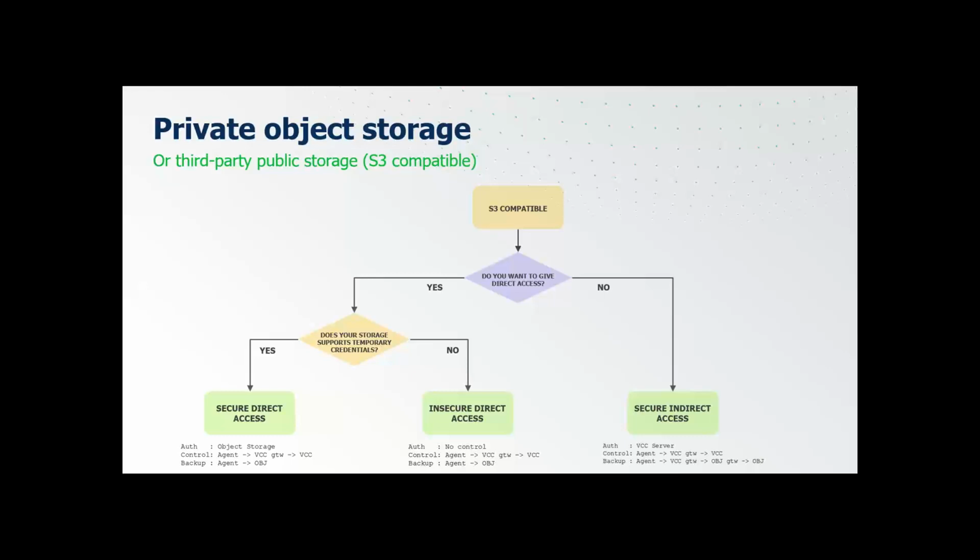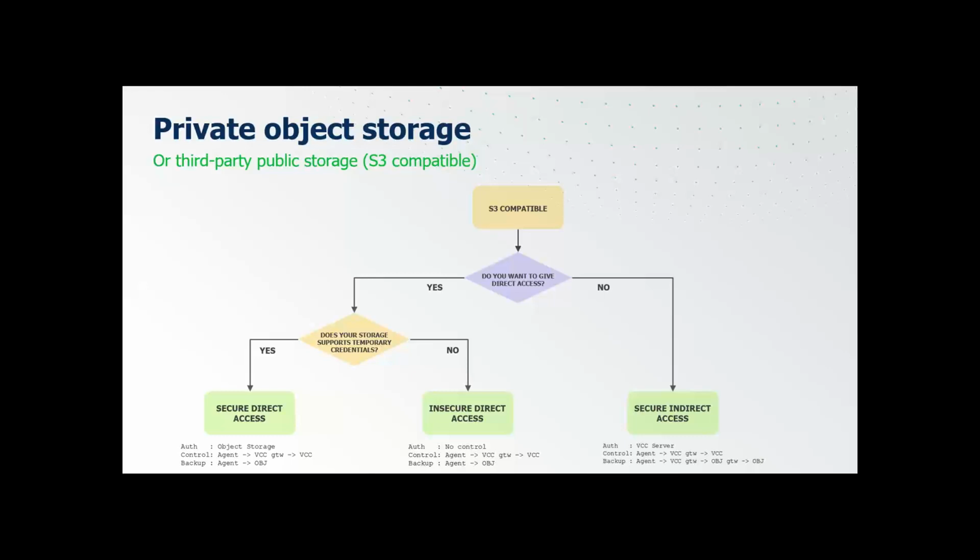But mainly, the idea is, if the storage doesn't support temporary credentials, we fall into the middle design, which is insecure direct access, which means every agent writing into the bucket authenticates with the main key that allows access to the bucket. And so everybody sees the data written by every agent. It's like a huge box that we mentioned before, where everybody throws the backup in and everybody reads the same data.